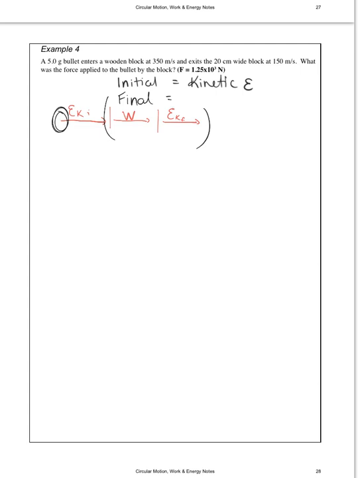Therefore, these two pieces are the final energy. So that kinetic energy was transferred into work done on the block, as well as kinetic energy. So energy initial is equal to energy final. The initial energy is EK, and the final energy is work done on the block plus EK final.